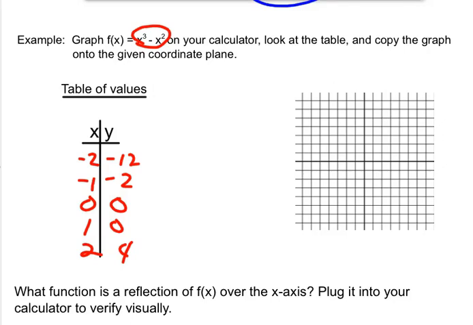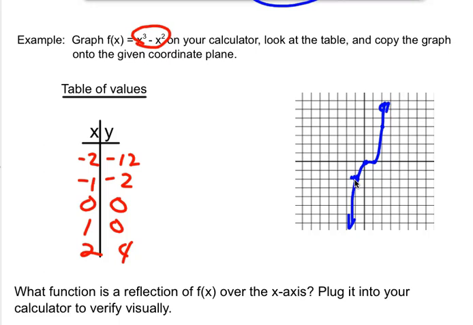Well, -2, -12 isn't going to fit. -1, -2 would be right here. 0, 0, 1, 0, and then 2, 4. And the other one's going to be 3, 18. That doesn't work, so it's something like this, anyways. Okay, it doesn't have to be perfect. We're looking at reflecting it, so we just want to see what happens.